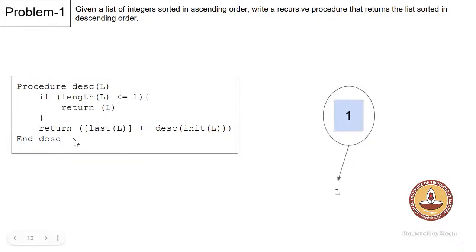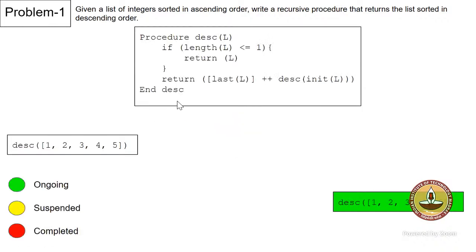Right? Yes, ma'am. If not, we first bring the last element, return a list that has the last element, and then call the same procedure on the remaining list.